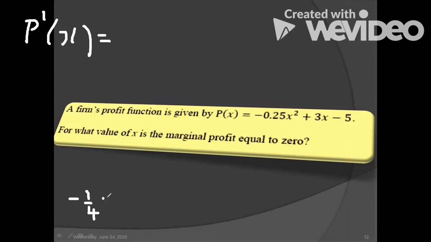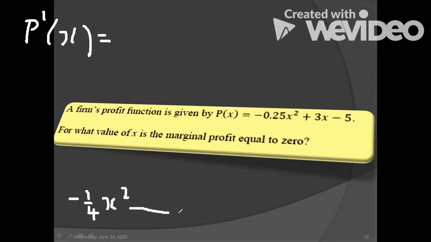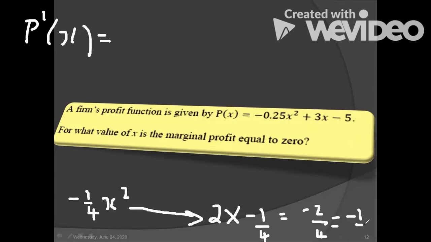So we have a negative quarter x squared. What's going to happen is that we're going to multiply 2 times negative a quarter, which is negative 2 over 4, which is equal to negative a half.